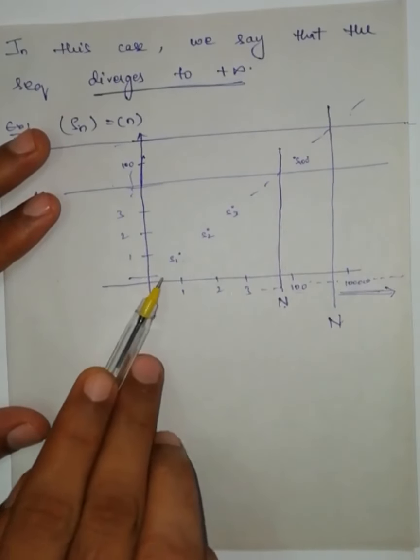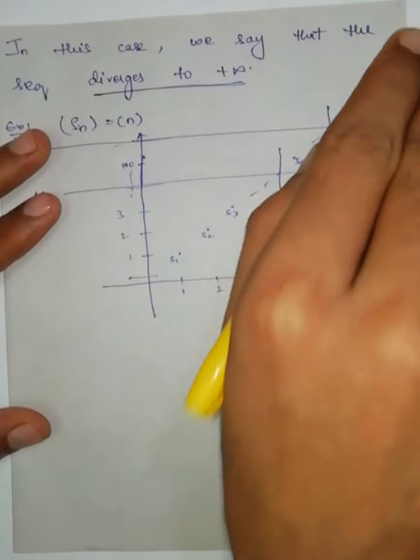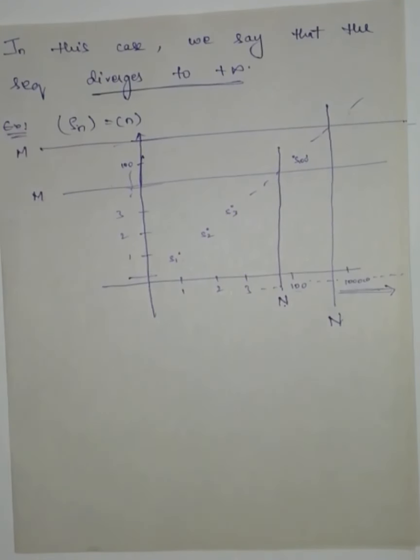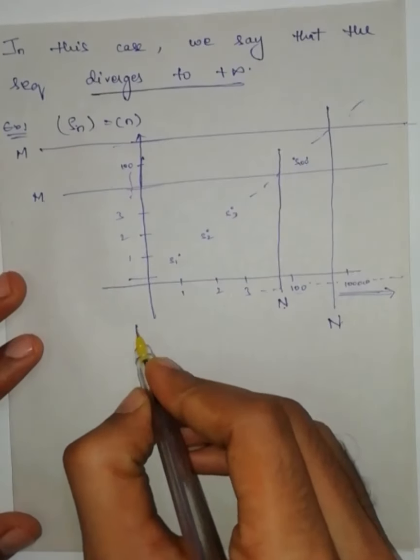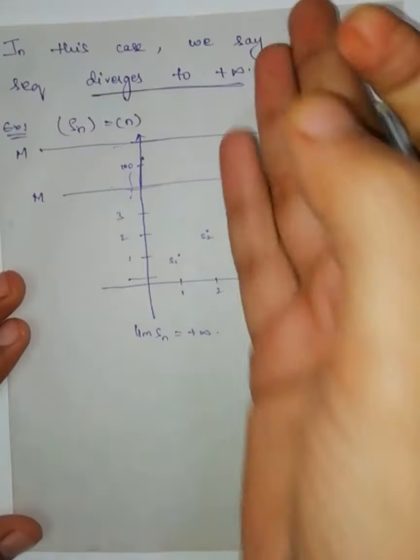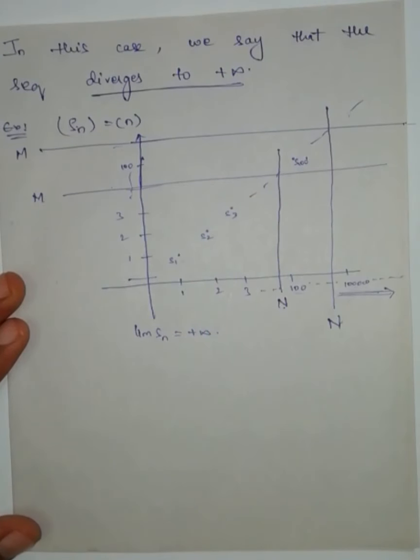Therefore, I will say that the sequence Sn diverges to plus infinity. In this case, I will say that limit of Sn is equal to plus infinity. The same definition I am going to write for diverging to minus infinity.